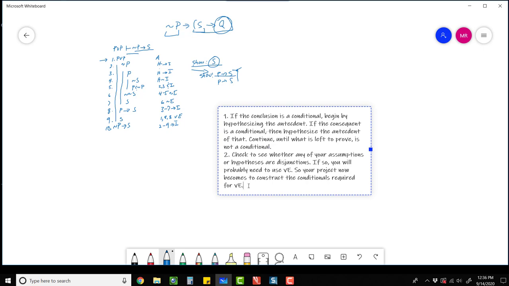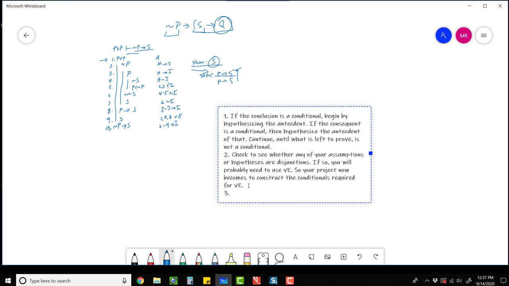And that's just what we did in this proof when on line 3 we hypothesized P. Okay, and so only now, and what I mean here is if it does turn out to be true that one of your assumptions is a disjunction, then only now should you open yourself up to the possibility of using negation introduction.